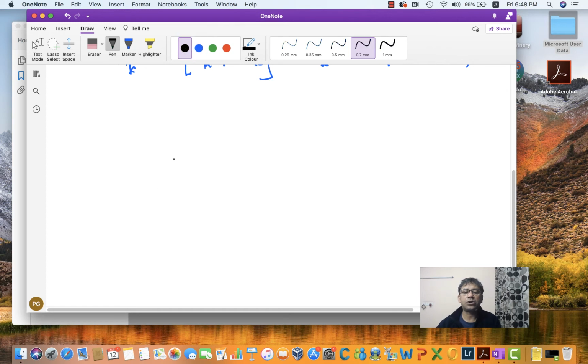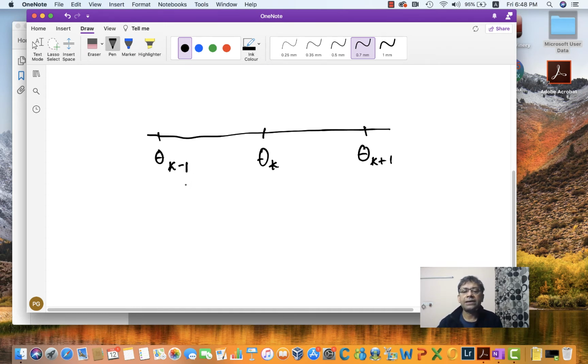So let's focus on two adjacent intervals. So here's theta k. Here's theta k plus 1. And here's theta k minus 1. Okay? And as you saw with the binary message equilibrium, the critical condition is the indifference condition. So when theta is exactly equal to theta k, what message should the sender send out?